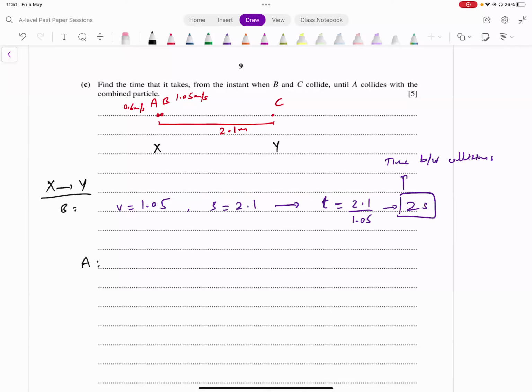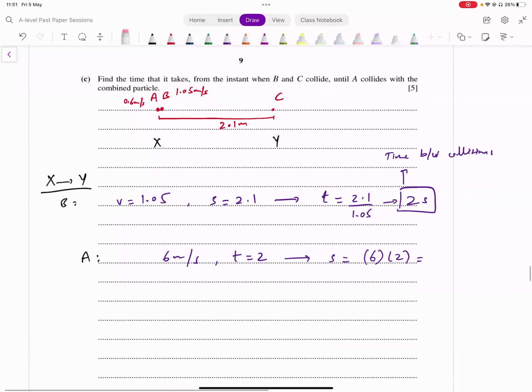A की स्पीड हमारे पास है 0.6 meters per second. टाइम इज 2. कितना डिस्टेंस ट्रैवल किया इसने, इससे हमारे पास A का डिस्टेंस ट्रैवल आ जाएगा. दैट्स गोइंग टू बी 2 into 0.6, sorry, 0.6 था. So this is 0.6 and that is 1.2 meters.